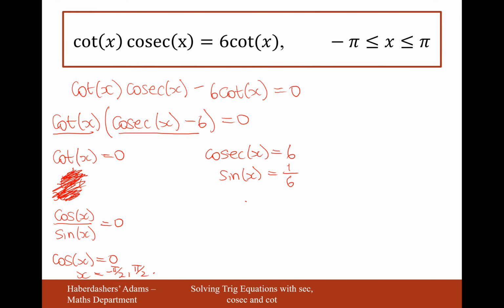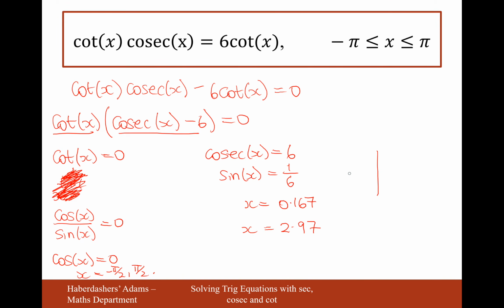Let's carry on this side. So it's going to be inverse sine 1 over 6. Let's make sure I'm in radians mode. Yes, I am. 1 over 6. And I get 0.167. And to get the next solution, it's pi minus this. So pi minus answer, 2.97.